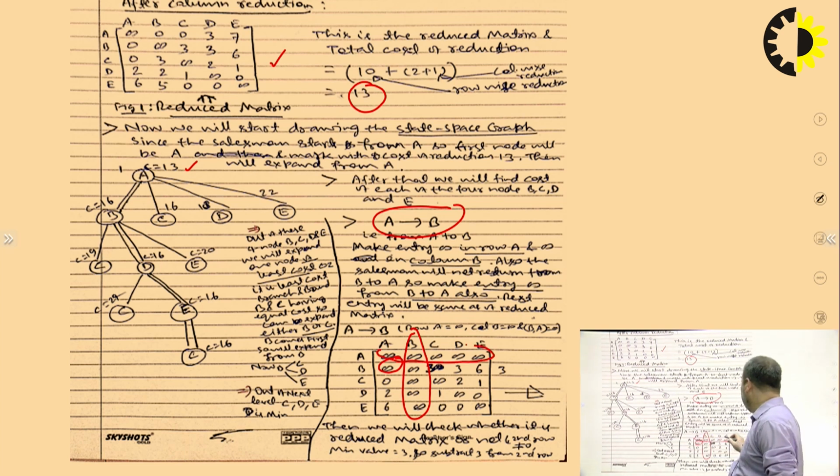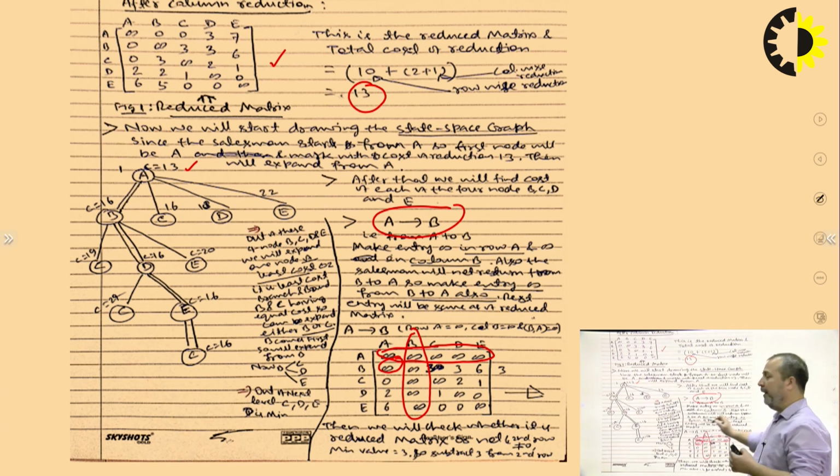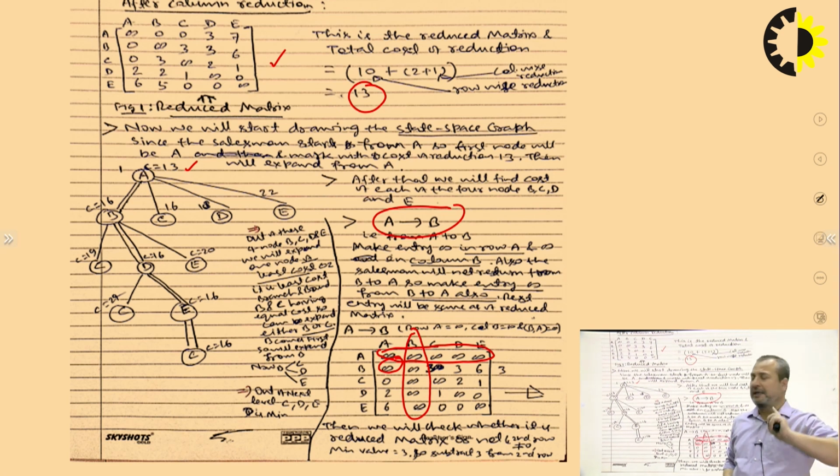So this is marked as infinite. Now the same process: we have to make this a reduced matrix, meaning that in every row there must be either all infinite or at least one 0.